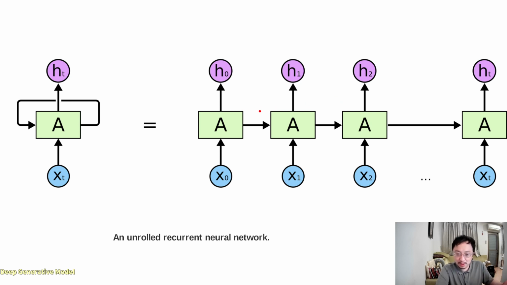There are many ways to train an RNN, but the most common way is to unroll it, view it as an MLP, and simply train this neural network.